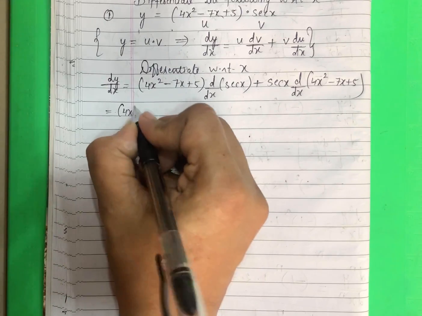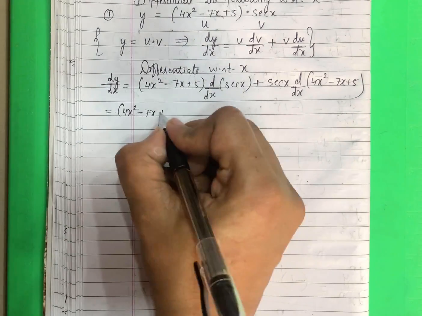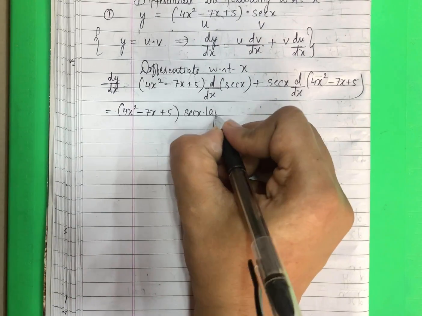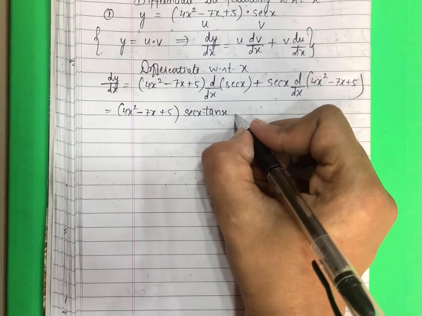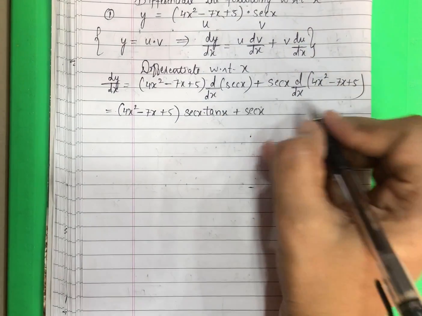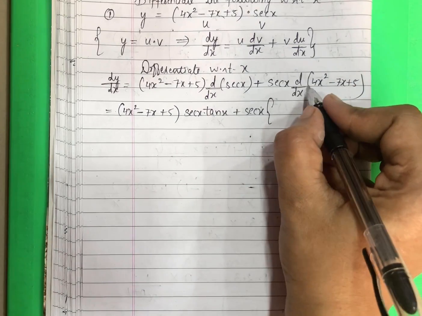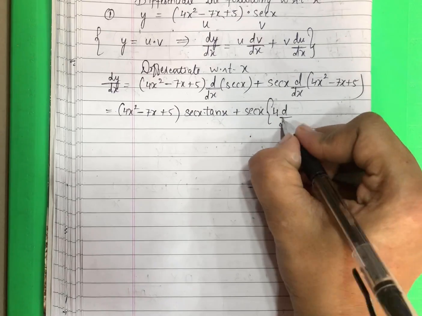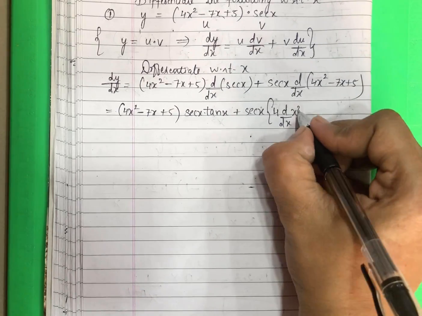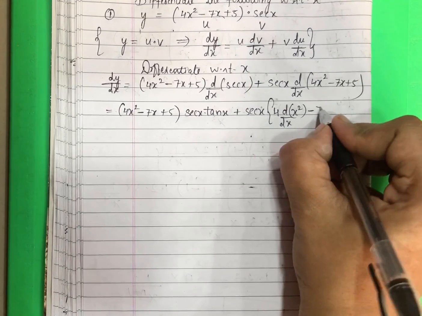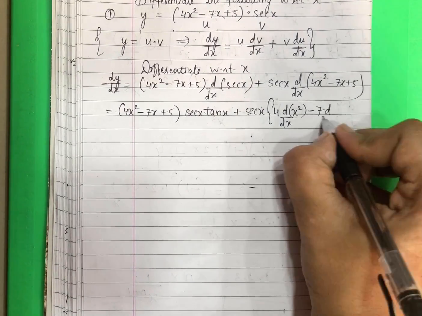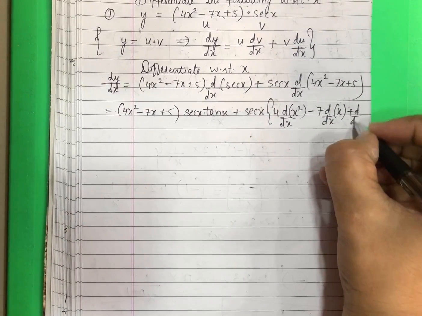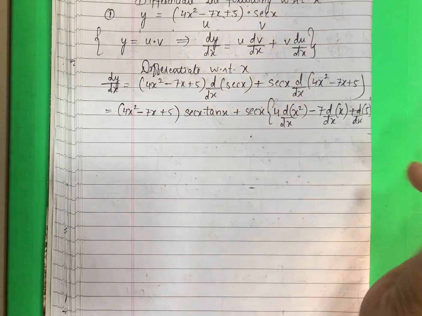Now (4x² − 7x + 5), the derivative of sec x is sec x · tan x by using the formula, plus sec x. Now this can be written in the bracket that 4 is the constant coefficient, so 4 can be written like that, into d/dx of x², minus 7 we can write in front, then d/dx of x plus d/dx of 5, constant term.